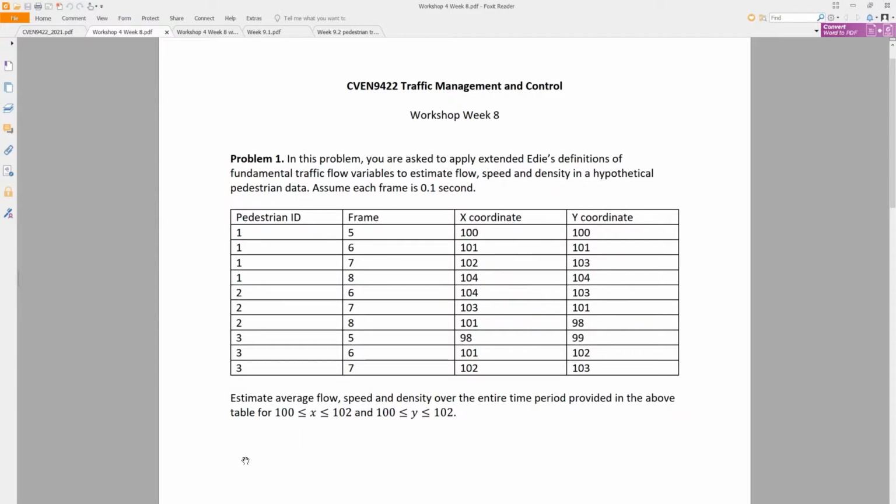So let me start off with this problem. We want to estimate the flow, speed, and density of this pedestrian data. The region that we want to estimate the values for is this region.